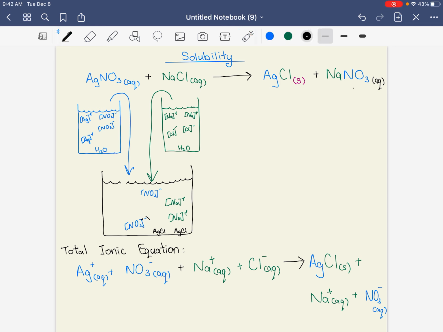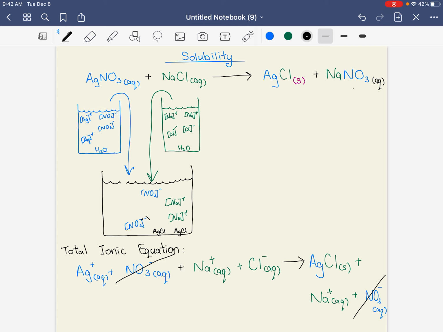Let me show you what I mean by that. You see this NO3 here on the left side, and you see this NO3 here on the right side? They are identical, right? They're the same thing in a chemical equation. So what that means is that they can be crossed out.